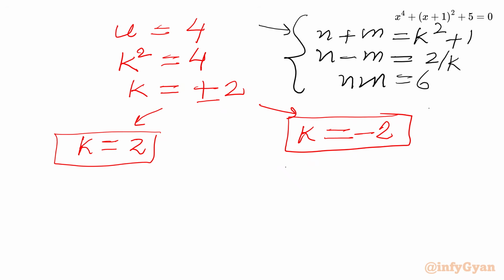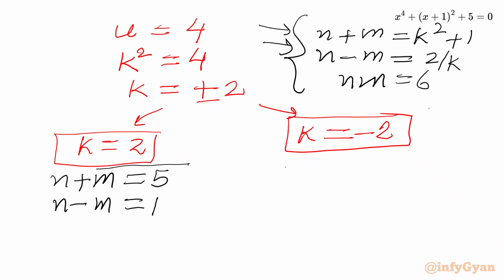I will consider the first two only. For k equal to 2, n plus m equal to k square plus 1, so 2 square plus 1, 4 plus 1, 5. n minus m is equal to 2 over k. k is 2, so 2 over 2 is 1. So we have one system of equations.